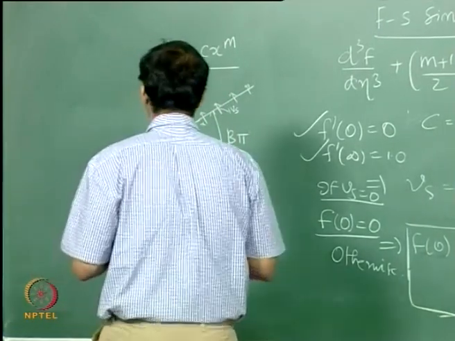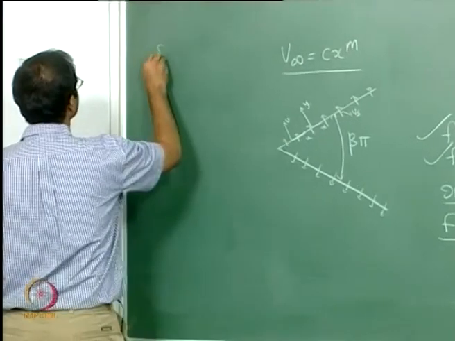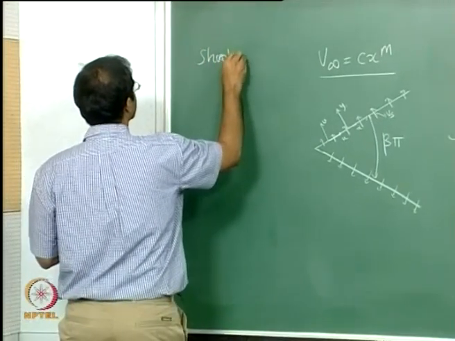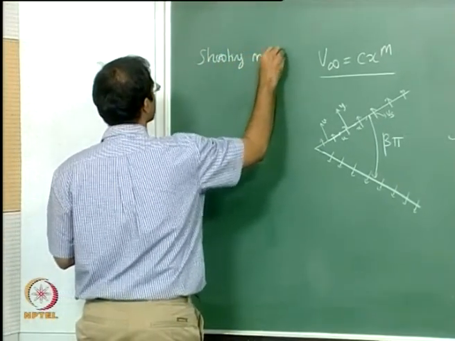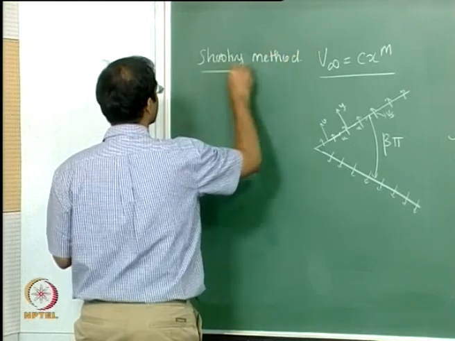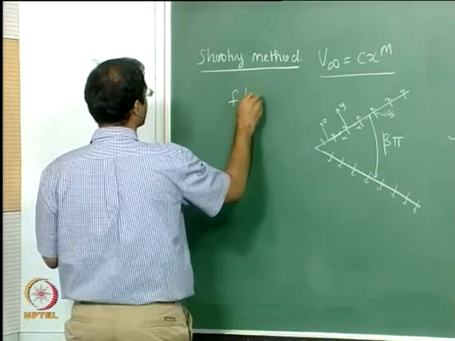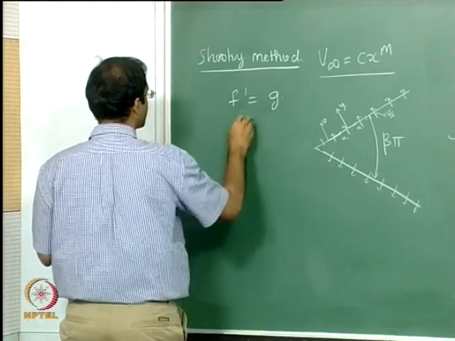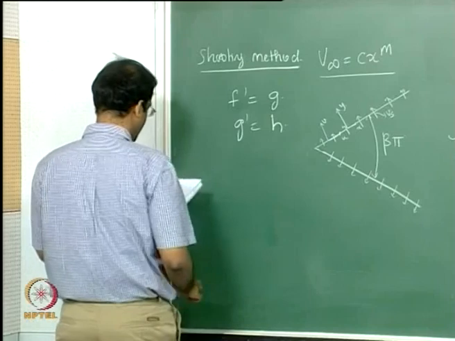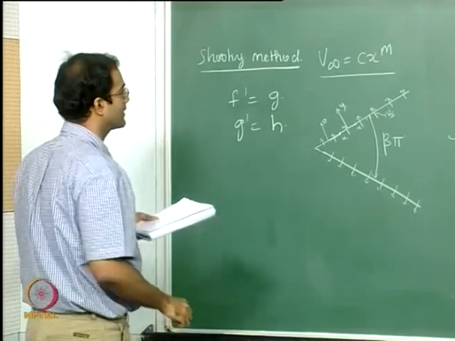So now you say your f prime equal to g, and g prime equal to h, and therefore what will be the corresponding equation?